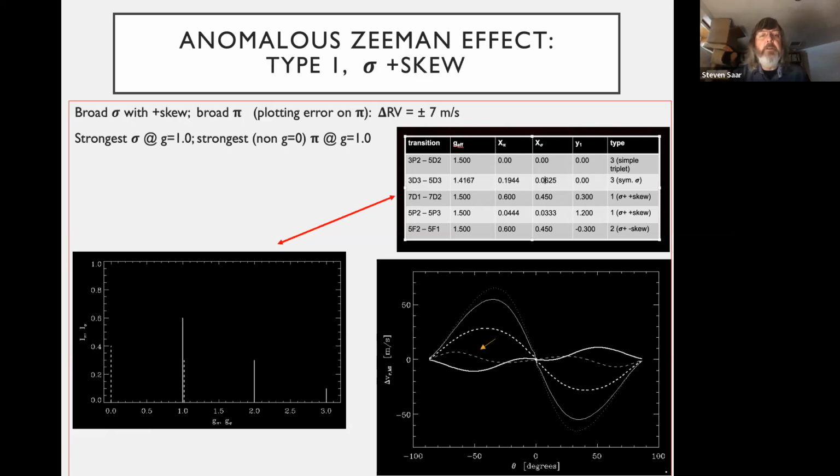And it has a fairly significant positive skewness to the sigma component distribution. So this one has the lowest RV amplitude of all. It's only 7 meters per second.